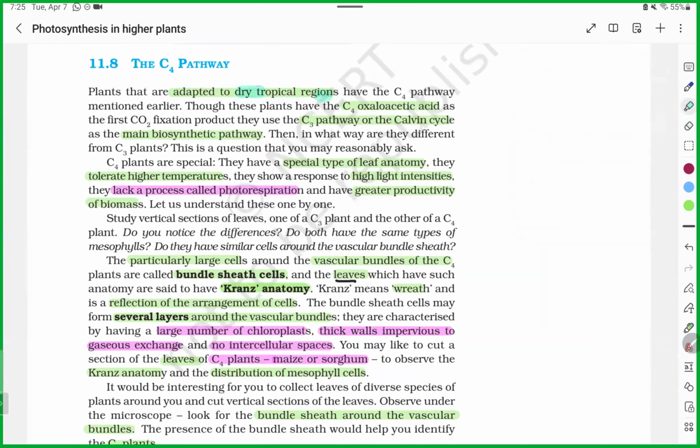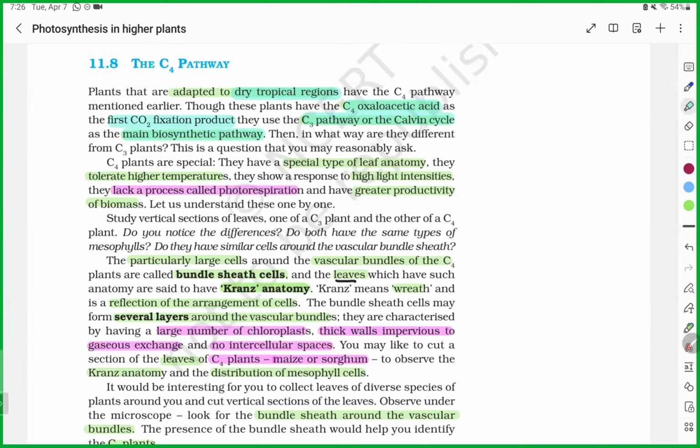Dry tropical region have the C4 pathway mentioned earlier. Though these plants have C4 oxaloacetic acid as the first CO2 fixation product, they use the C3 or Calvin cycle for the main photosynthetic pathway. So C4 plants are present in the dry tropical region.